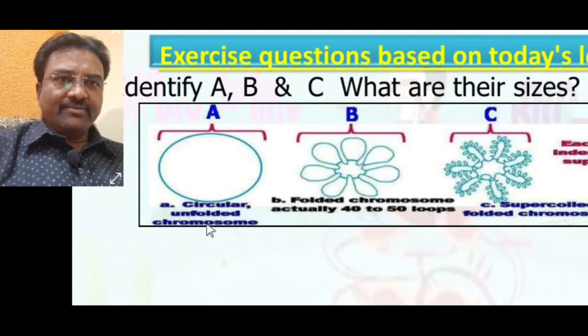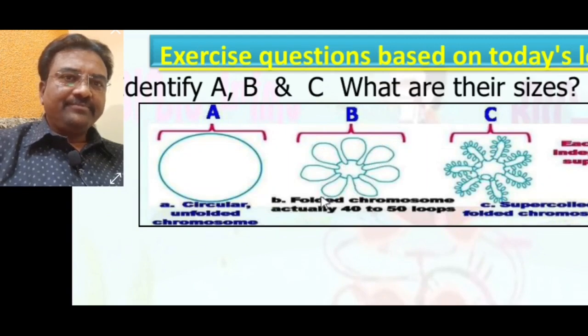The circular unfolded chromosome is 350 micron, the folded chromosome B is 30 micron, and the supercoiled one is 2 micron. So A is 350 micron, B is 30 micron and C is 2 micron.